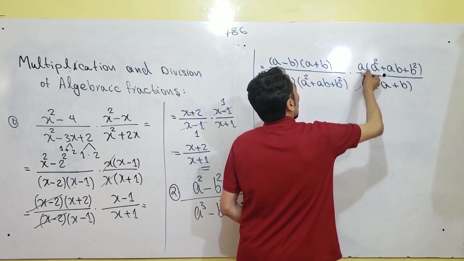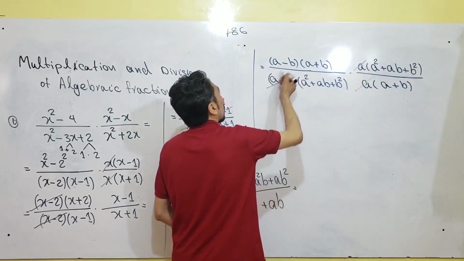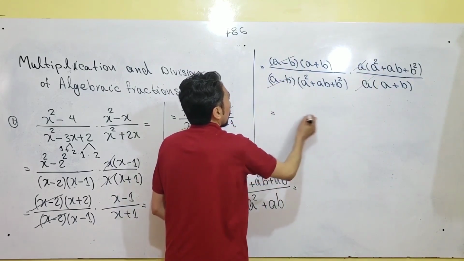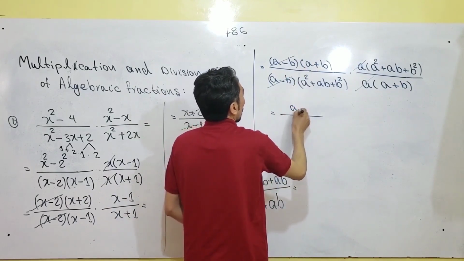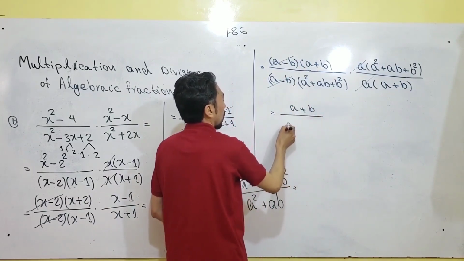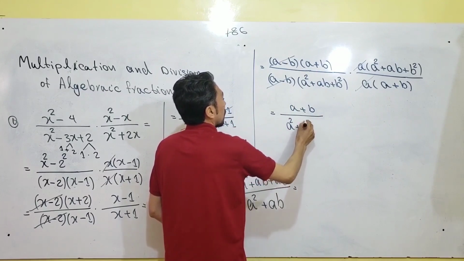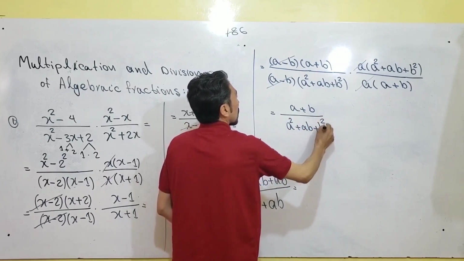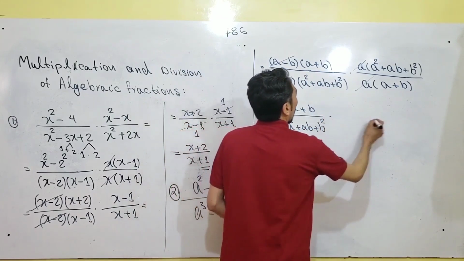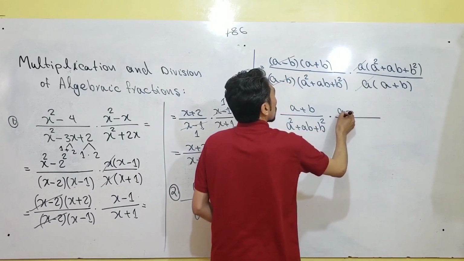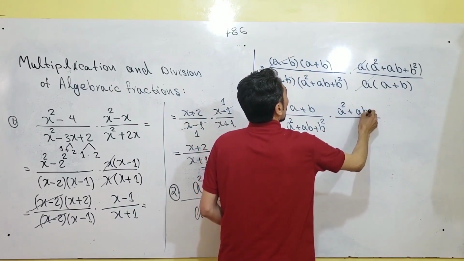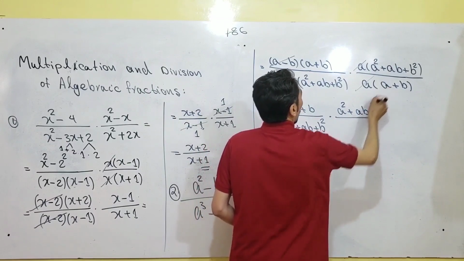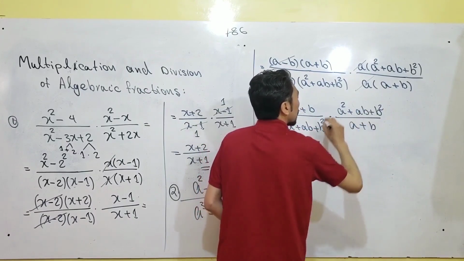Then we cancel a by a and also divide a minus b. The first fraction remains (a plus b) over (a squared plus ab plus b squared), multiplied by (a squared plus ab plus b squared) over (a plus b).